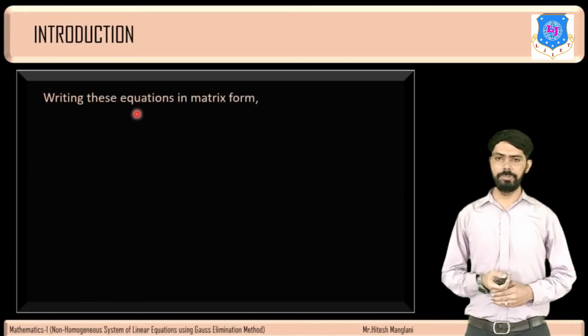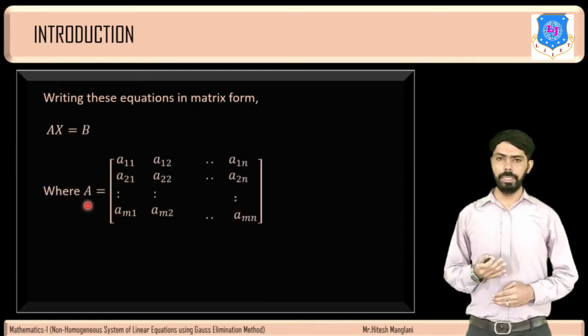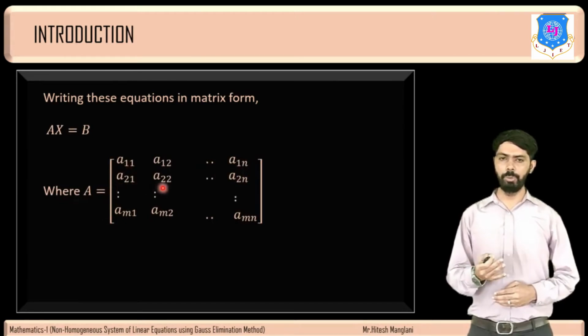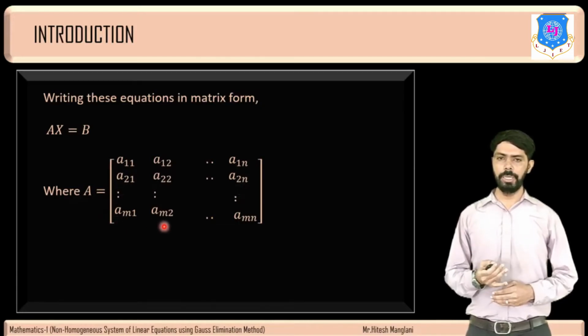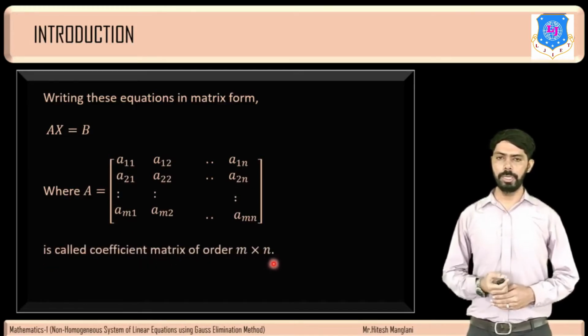So writing these equations in matrix form, AX is equal to B, where A is equal to a11, a12 up to a1n, then in second row a21, a22 up to a2n, then am1, am2 up to amn. So this is called the coefficient matrix.